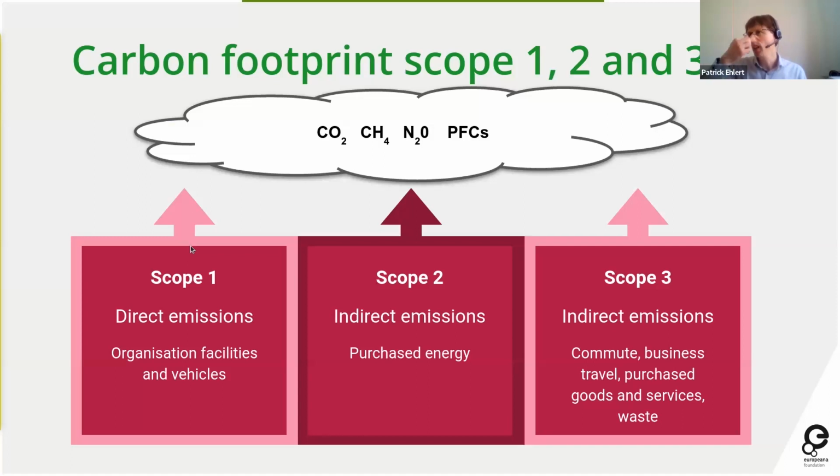Very briefly, because I think it's also covered in the first workshop. When you look at carbon footprint, people talk about three kinds of scopes. Scope 1 is the direct emissions that come from, for example, vehicles that you own. Your purchased energy, that's scope 2. Electricity comes with emissions.